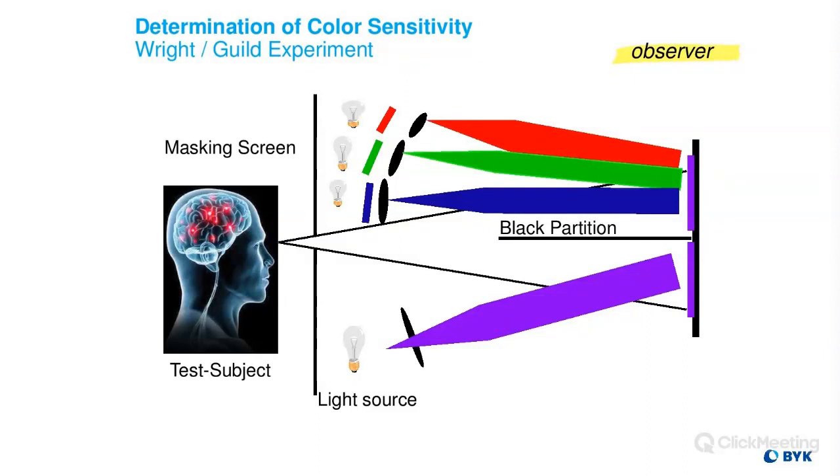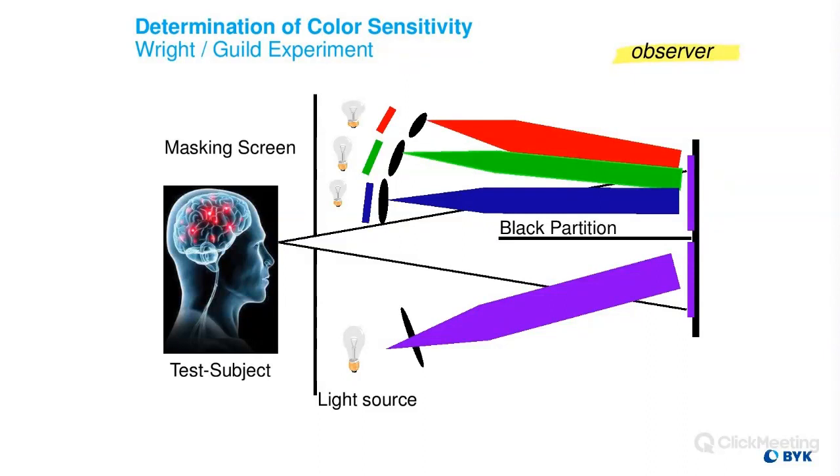So this test subject is looking through the slit onto a screen. And that screen is partitioned into top and bottom. On the bottom would be projected a colored light source. And then on the top would be projected the three primary colors relating to those three cones in our eye.